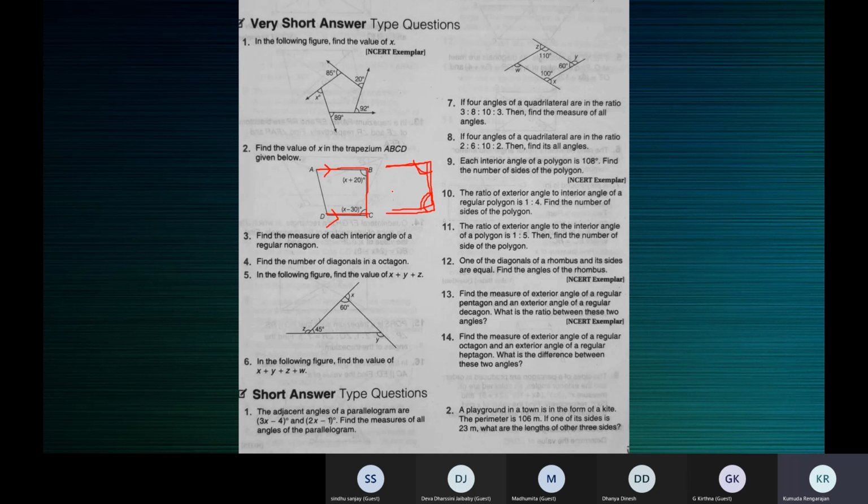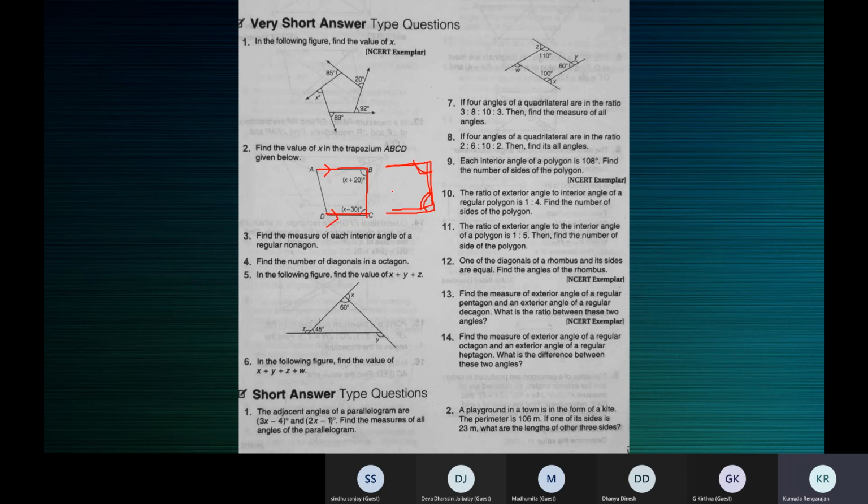What you should be writing is AB is parallel to CD. Children, let's not waste time repeating the same thing. So listen carefully. AB parallel to CD, transversal BC.